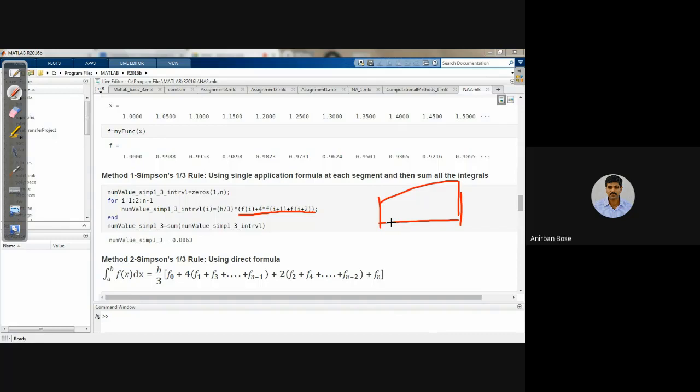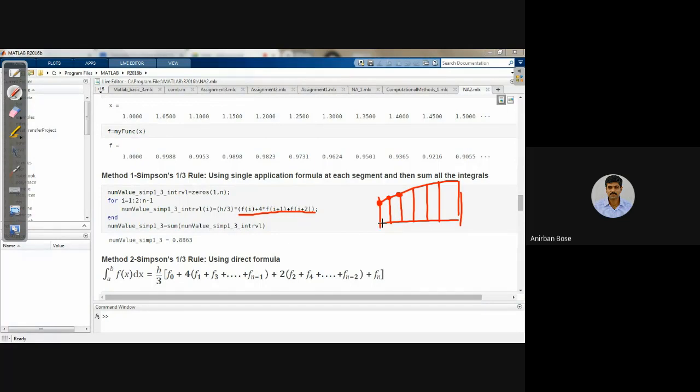Suppose this is 2, 3 like that. When you are dividing it, initially you are taking this value and this value.